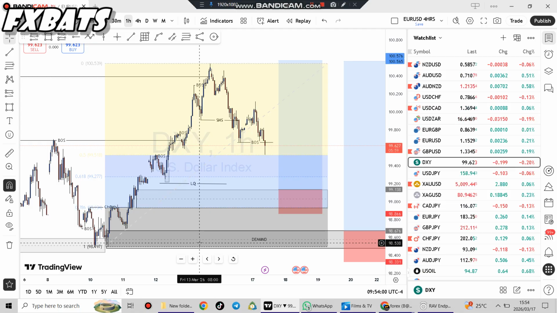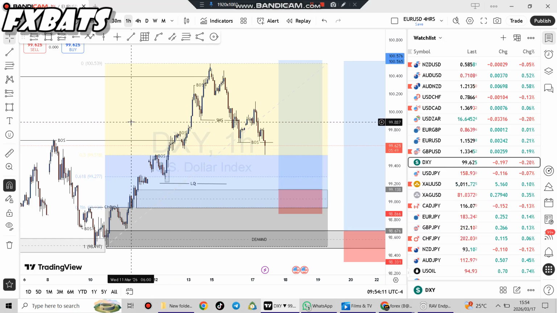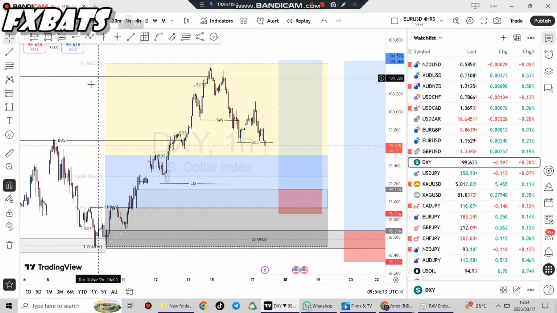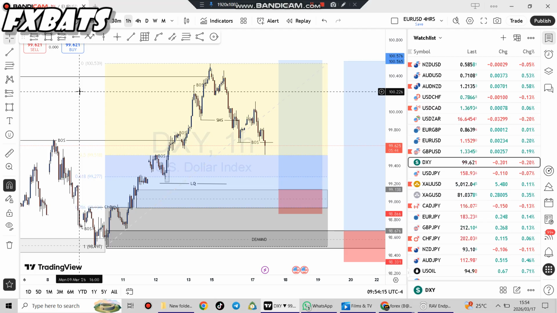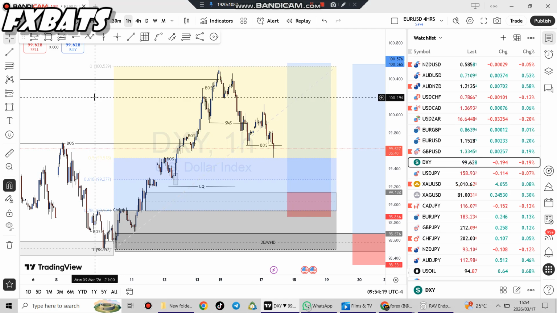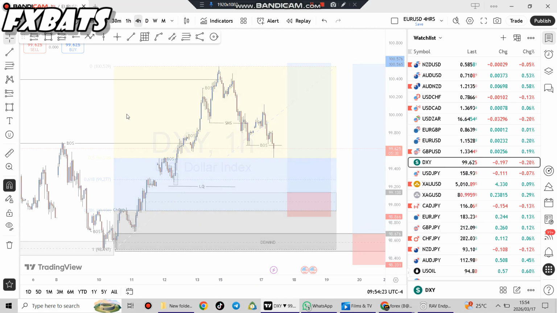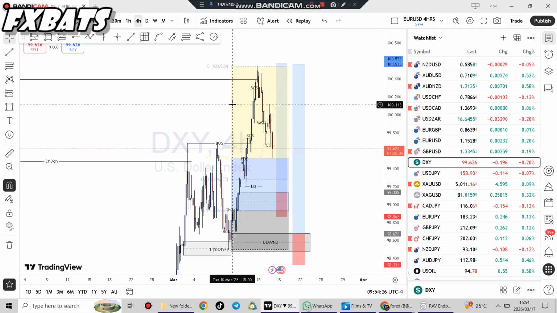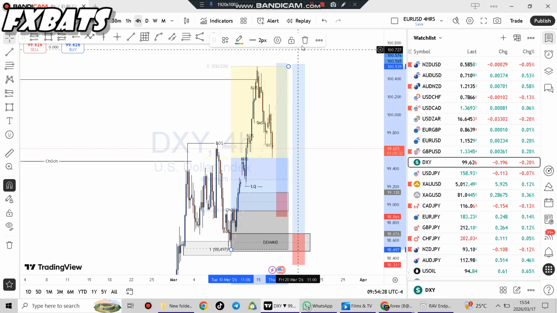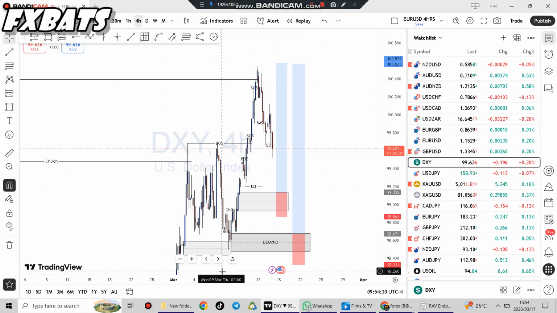Nevertheless, tomorrow we have FOMC, so anything can happen. It might play out positive or negative, but we just have to keep waiting for our institutional reference areas. Those are the PD arrays we wait for, to see that price mitigates or reacts off our PD arrays in discount.